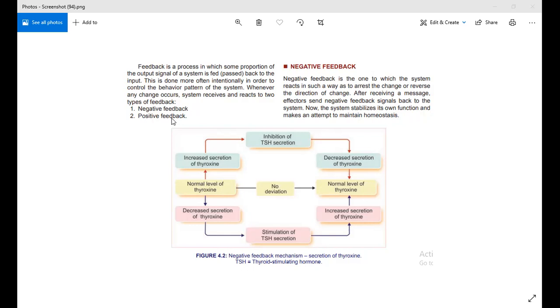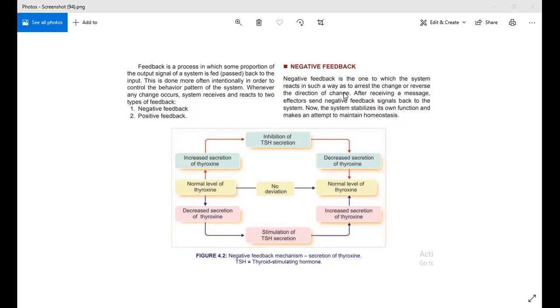So here, from this picture, you will see that a negative feedback is the one to which the system reacts in such a way as to arrest the change or reverse the direction of the change.